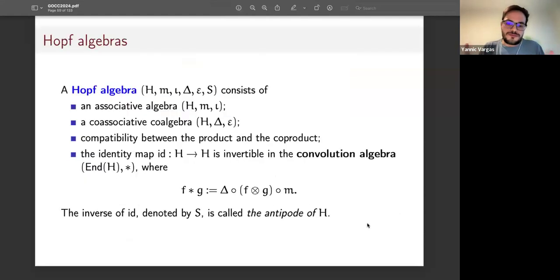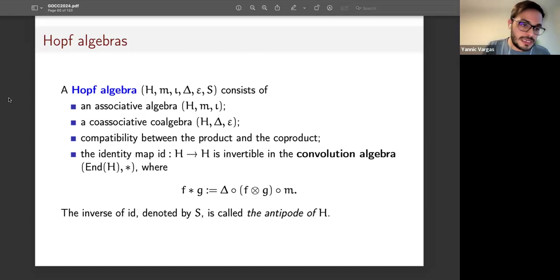All right, so let me give you an example. First, a very quick definition of what a Hopf algebra is. It's just a vector space with a product rule forming an associative algebra, and a coproduct rule forming a co-associative coalgebra, such that both rules are compatible, and for which there exists something called the antipode. We take the space of all linear maps from the vector space H to itself, and we consider this product, also called convolution, which works like that.